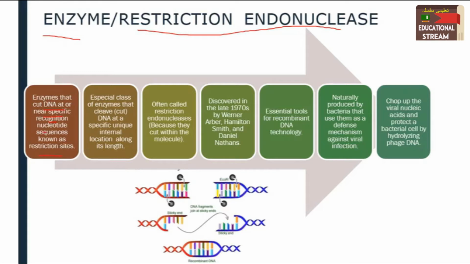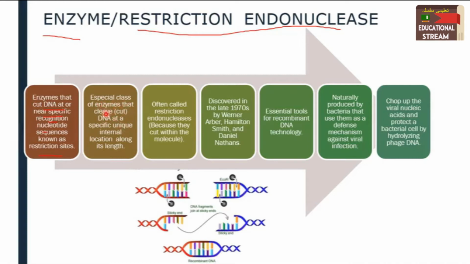This means that restriction enzymes will make a cut in a DNA sequence, and the sequence where they make a cut is known as the restriction site. These enzymes can cut at the specific recognition site, as well as near the recognition site. We will discuss this when we talk about the types of restriction enzymes, then it will become clear to you.